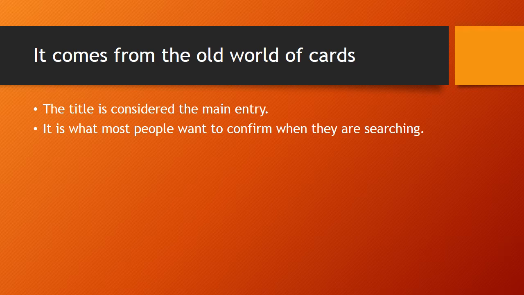And the title is considered the main entry. It's the main thing that people want to confirm when they are searching. Most people are looking for materials by title and not by author.